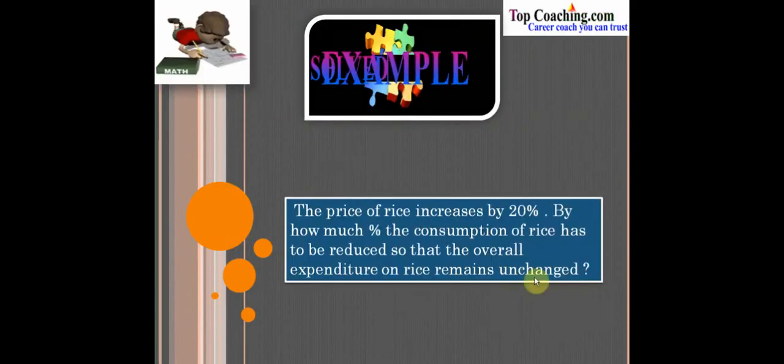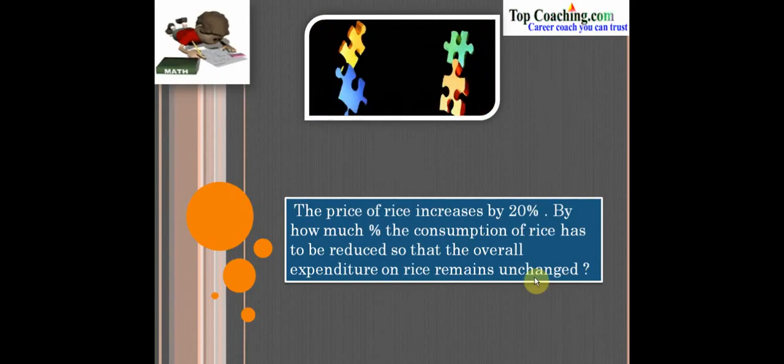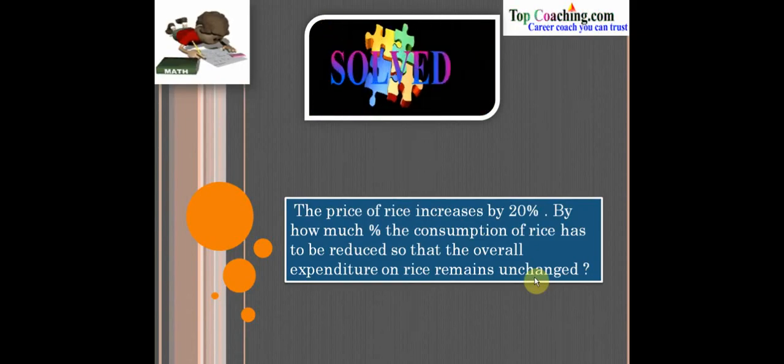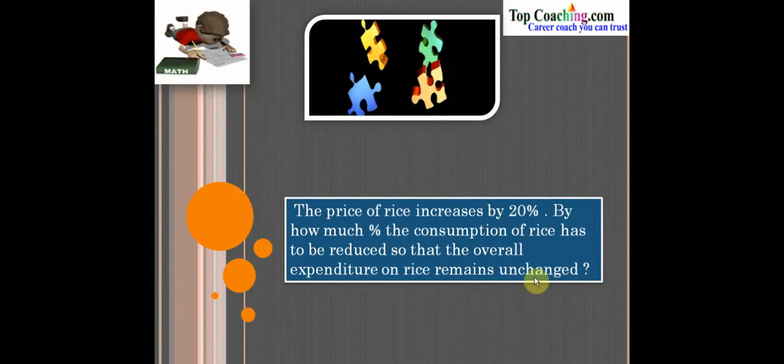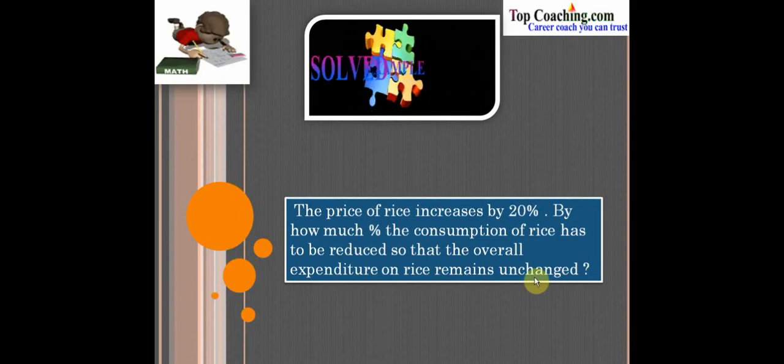Based on the above principle of product constancy, let's try to solve an example. The price of rice increases by 20%. By how much percentage the consumption of rice has to be reduced so that the overall expenditure on rice remains unchanged? So this is very much similar to the previous problem.